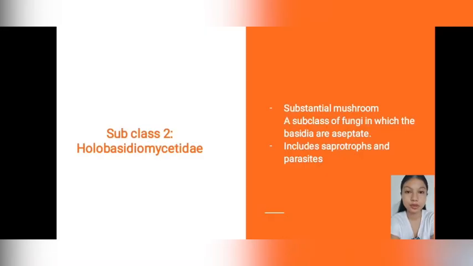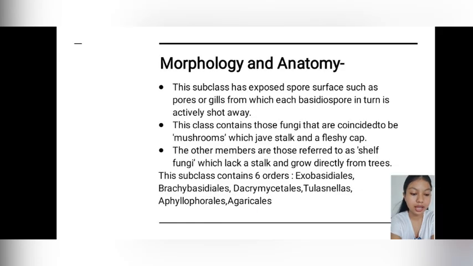Now I am going to talk about Holobasidiomycetidae. It falls under the subdivision Basidiomycotina and class Hymenomycetes. It is a substantial mushroom. Next, its morphology and anatomy. This subclass of fungi are considered to be mushrooms and have a stalk and a fleshy cap.